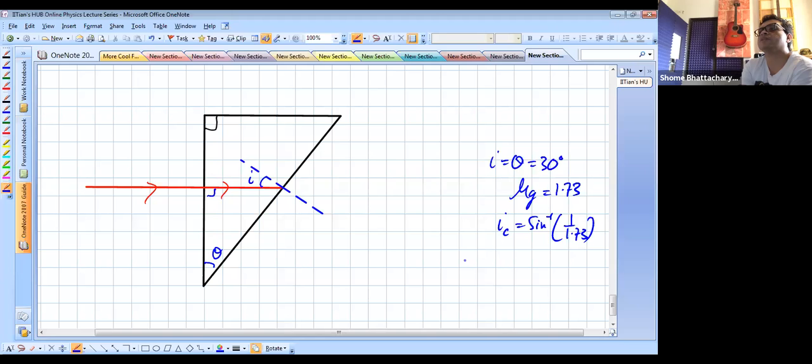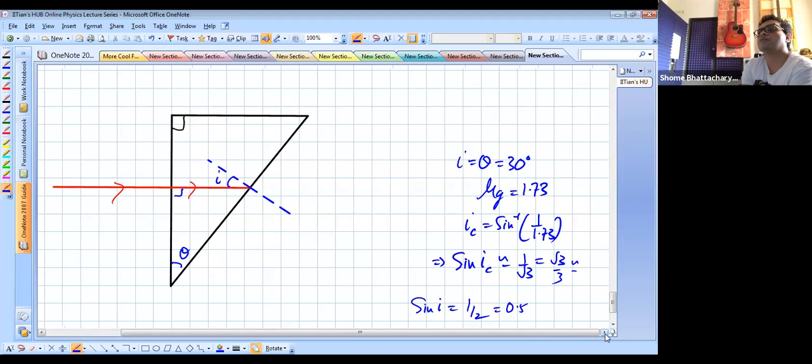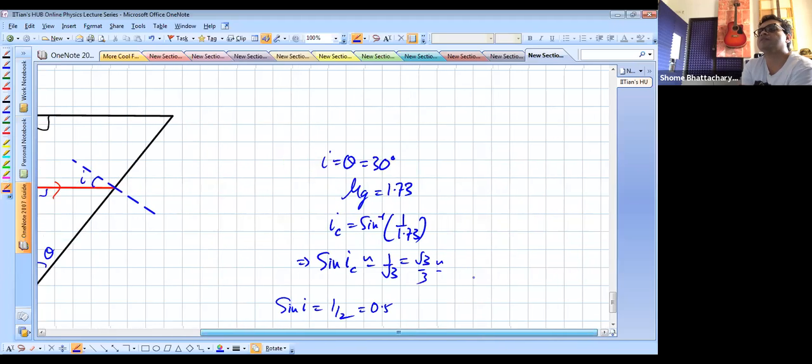So approximately, you can say that sine of critical angle is 1 by root 3 or root 3 by 3. Whereas sine of I is half, that is 0.5, and this is approximately how much? 1.73 divided by 3, so that is 0.6 something.